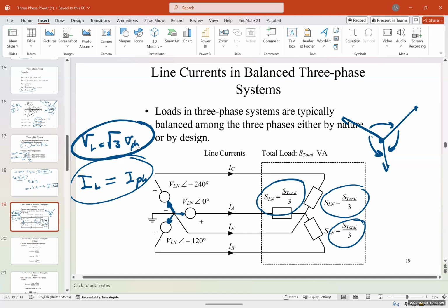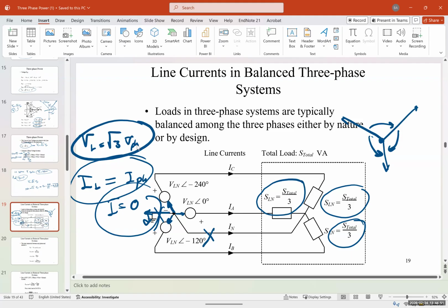If you have 3 exactly equal forces pulling at the same point, the current that is passing that point is what? 0. And since this is 0, it means there's 0 current going inside the ground. And since the current is 0, I don't need this wire at all. So I can eliminate the wire in the middle. So instead of having 4 wires, I can only do it with 3.